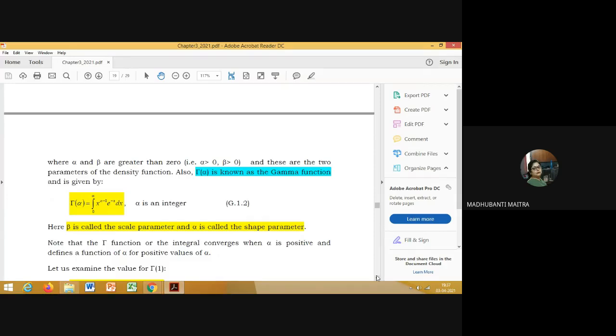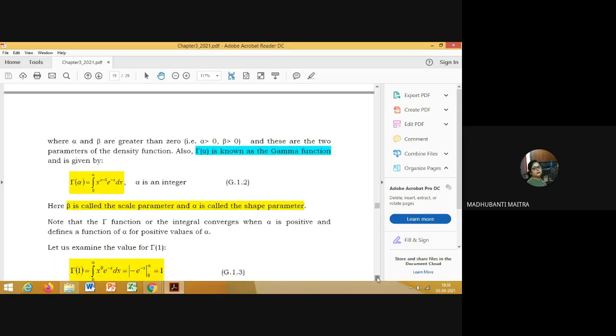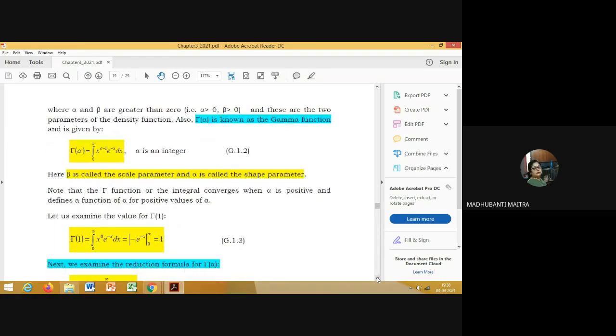As we have seen, there are two parameters, alpha and beta. Beta is called the scale parameter, and alpha is called the shape parameter. For different values of alpha and beta, we'll see how the density functions look.